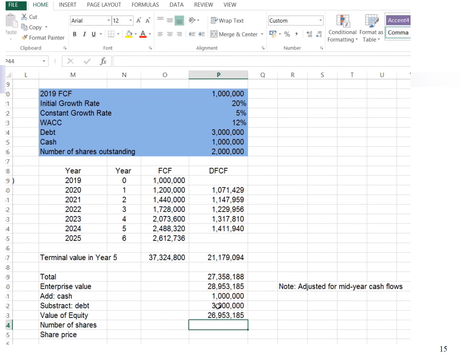And here is the answer. There are 2 million shares outstanding. Therefore, I shall type equal and point the input cell. Next, I shall calculate the share price, which is equal to value of equity divided by number of shares outstanding. And here we have the share price. This is the final answer.